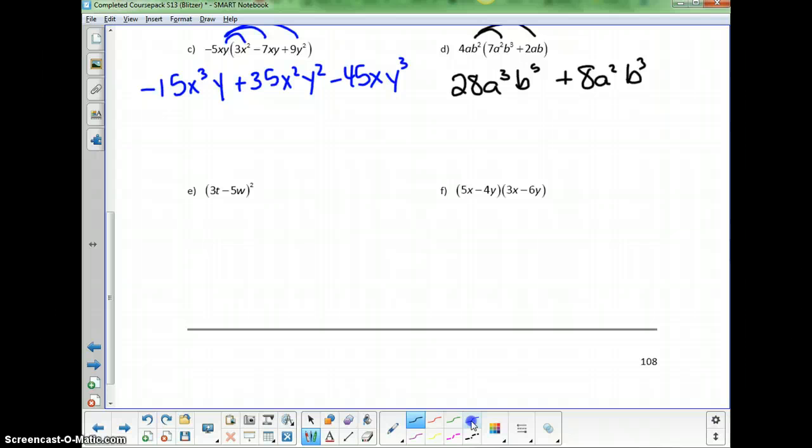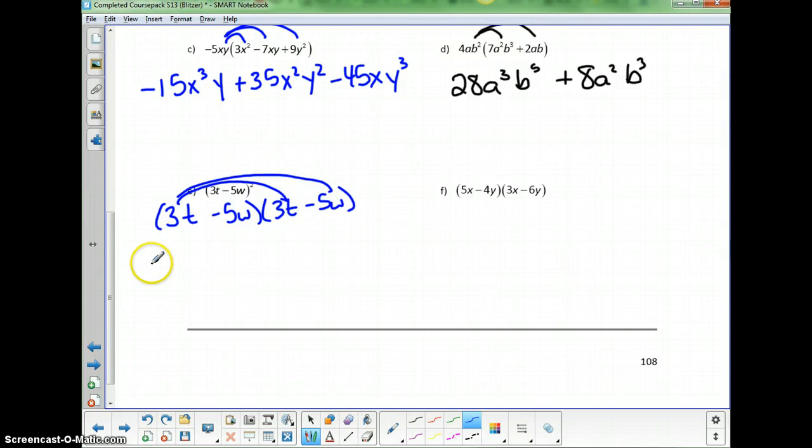And the last two. Okay, I remember I can't square a binomial without writing it twice and showing the distributing process. So I'm going to write 3t minus 5w twice, and we're going to multiply 3t by 3t. That's 9t squared. 3t times negative 5w is negative 15tw.